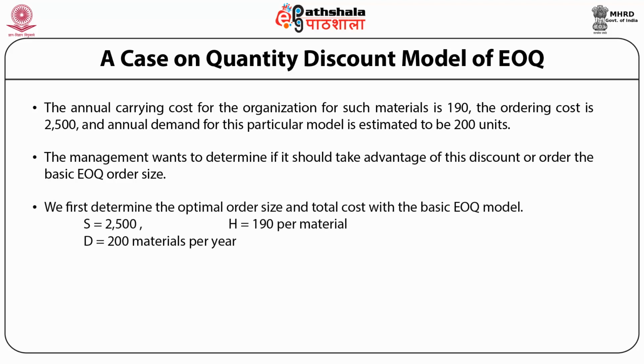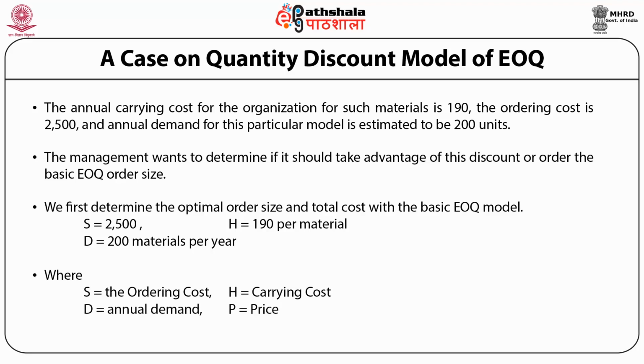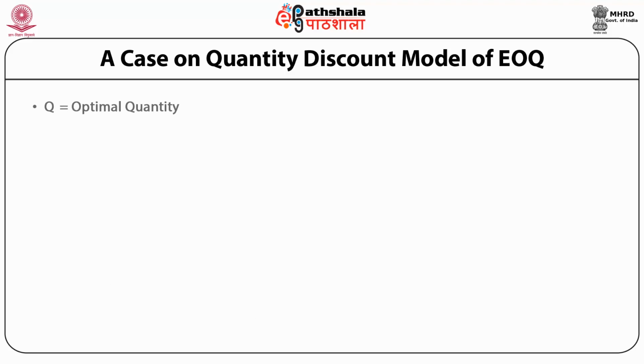We first determine the optimal order size and total cost with the basic EOQ model. S equal to 2500, H equal to 190 per material, D equal to 200 materials per year, where S is the ordering cost, H is the carrying cost, D is annual demand, P is price, and Q is optimal quantity.